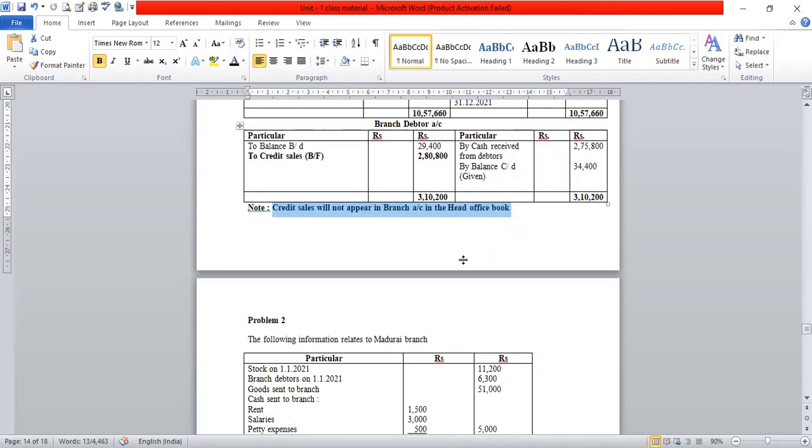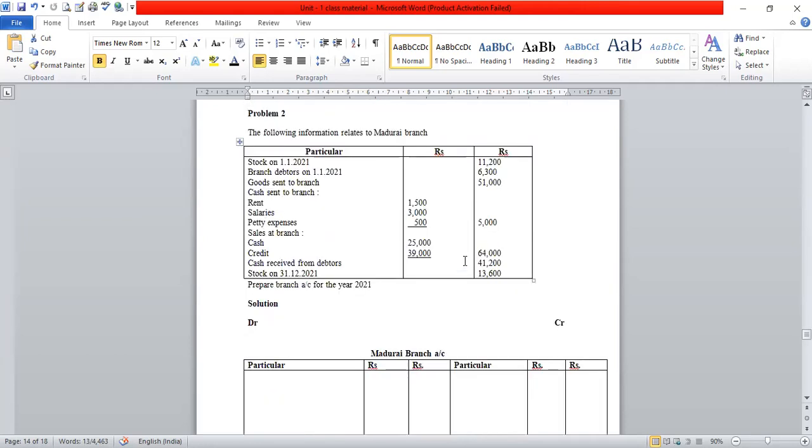Now in the same problem, see this. The following information relates to Madurai branch. They are at the Madurai branch, so here they have not mentioned any head office name. Nothing is said about the head office.